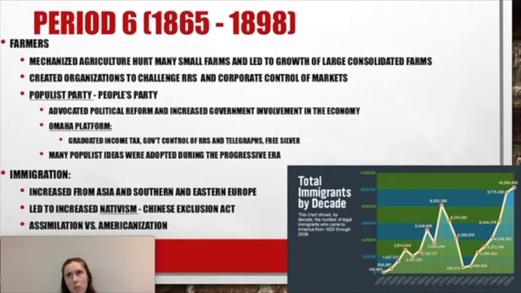So at this time, whenever we look at immigration, another thing that's going to be debated is this idea of, well, should these immigrants completely become American? Should they basically assimilate into our culture and take on a complete American identity? Or should they be able to maintain some of their heritage from wherever they're from?